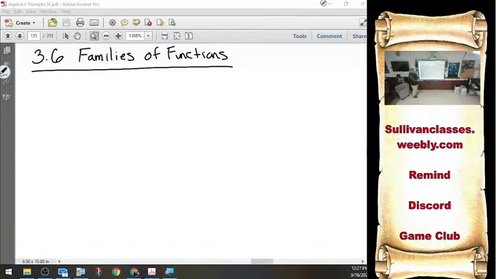Families of functions or families of their graphs. I'm going to have you do two things. Part A, I'm going to say y equals... I would like you to tell me what transformations happened and what the parent graph was.